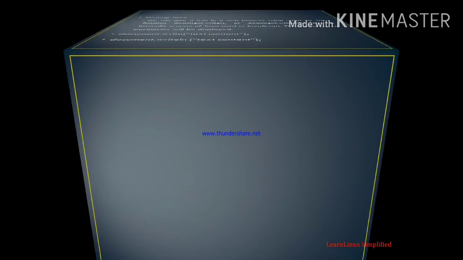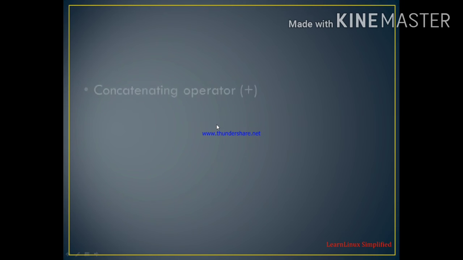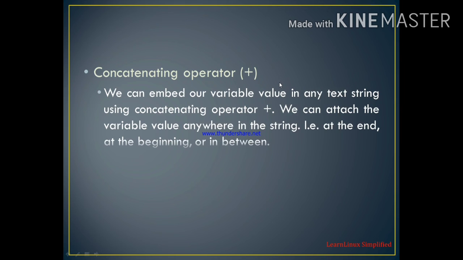Okay, next is the concatenating operator. This is most important, and we will use it in scripts. Many times it may happen that we need to attach a variable's value with a certain text string.